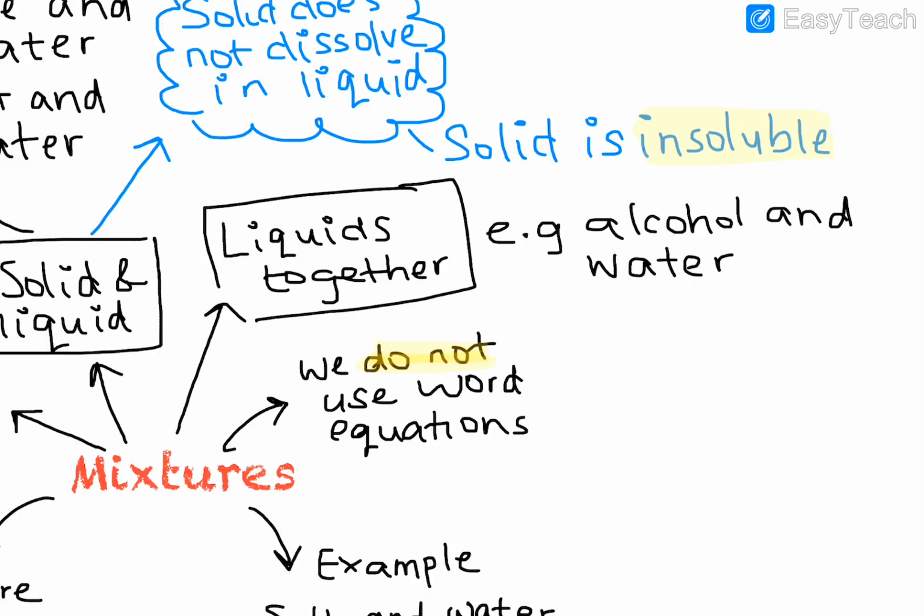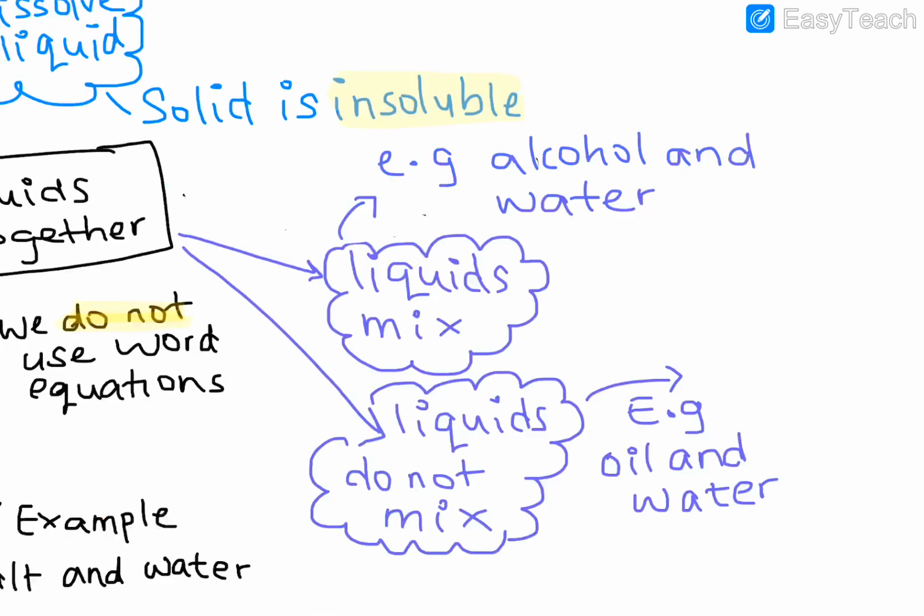Or we could have a mixture of liquids where the liquids do not dissolve in each other, do not mix with each other. For example, oil and water. Oil floats on water, and when you have a mixture of oil and water, you can see the oil and you can see the water. So here you have two possibilities as well.